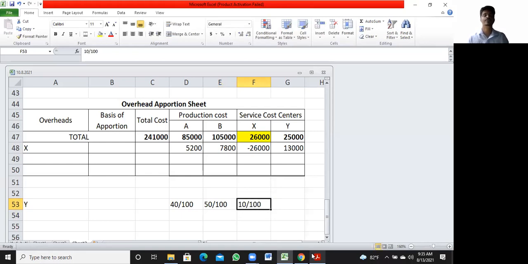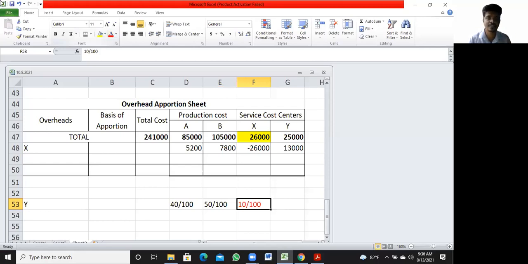Now we are eliminating this 10. Initially y's cost was 40 to A, 50 to B, 10 to X. We are eliminating the cost incurred for x by y.